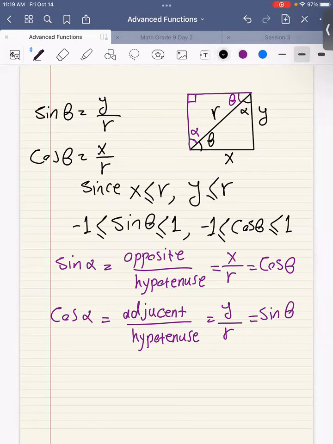But we know that alpha is just pi half minus theta, right?